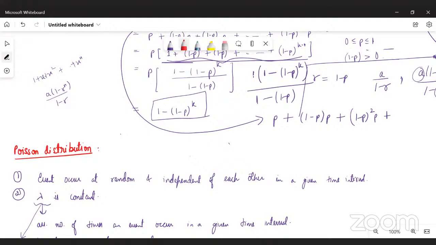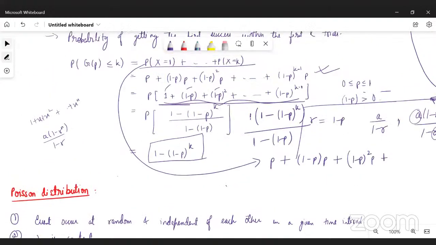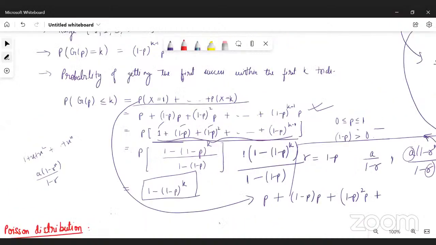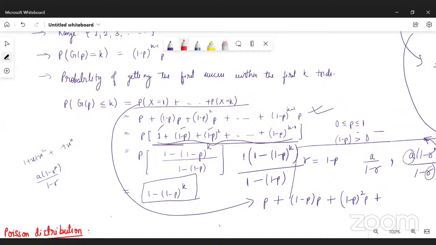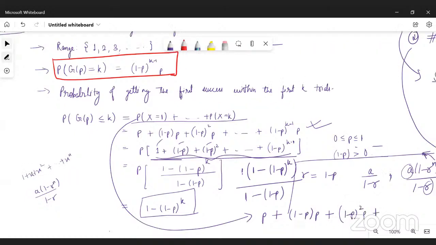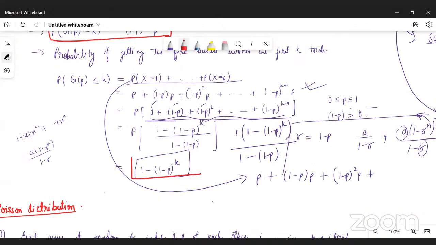Yes, that is geometric distribution. That probability was what is the probability that you get the first success on the kth trial, and this represents what is the probability that you get the first success within the first k trials.